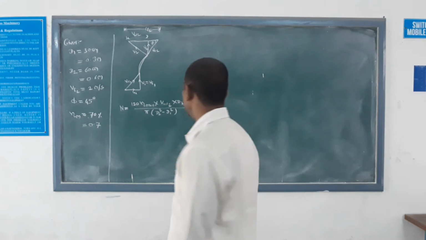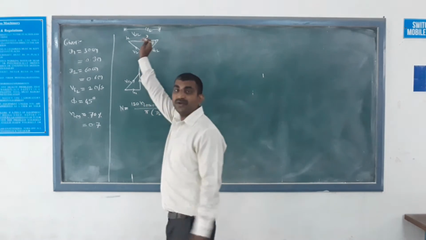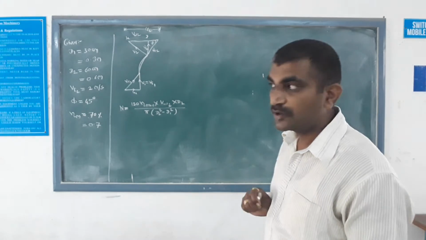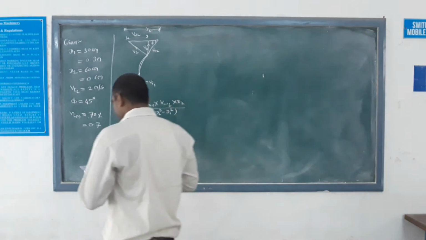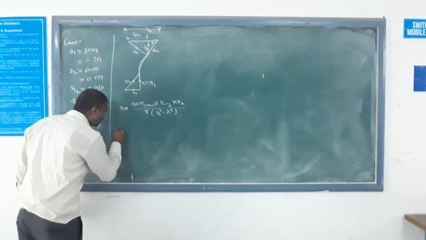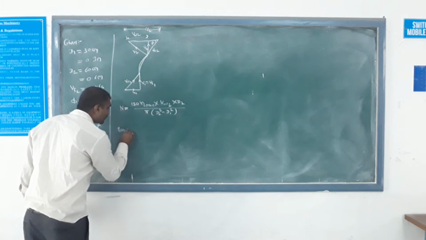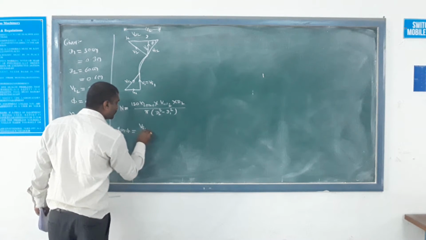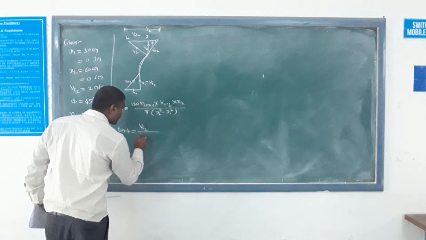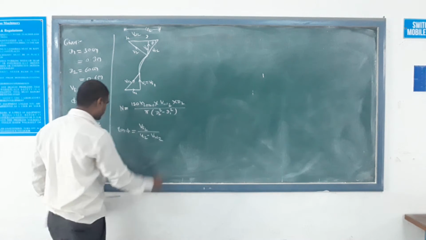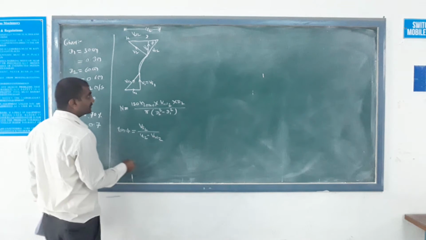So first we find out Vw2. How to find out Vw2? From the outlet triangle of the centrifugal pump, we can find Vw2, the velocity of whirl at outlet.